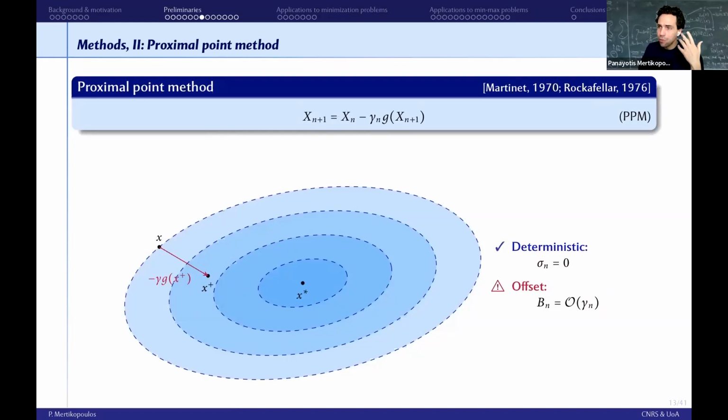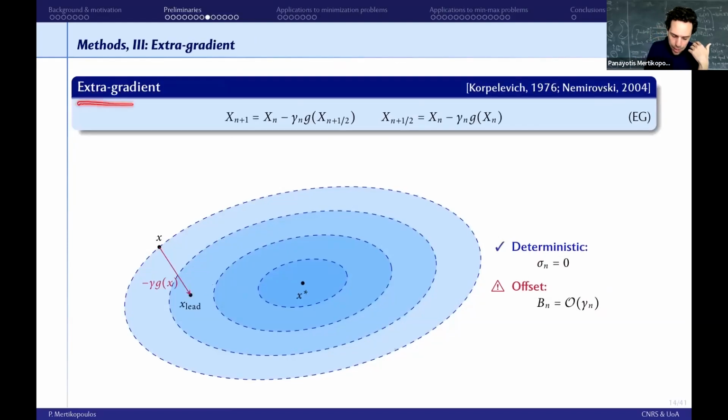All right. An implementable approximation of this method is the so-called extra gradient method, which is extremely popular for solving min-max problems and variational inequalities. And the way it works is that you start at a point, you take a standard gradient step, and you generate a leading state, an interim state, an intermediate state.